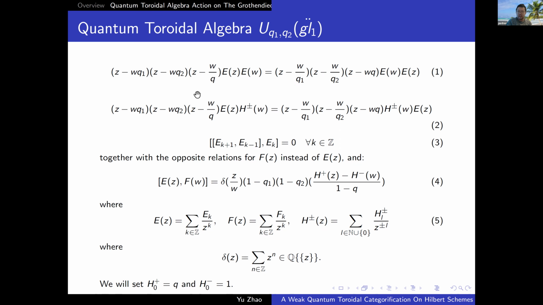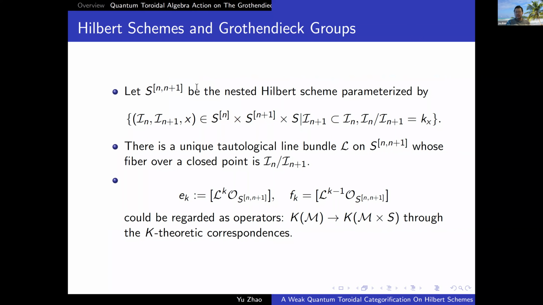So in the case A2 we can define this algebraically, but for general surfaces we will need some geometric notion, and also the geometric definition looks more elegant. So let's explain what happens for the Grothendieck group case.